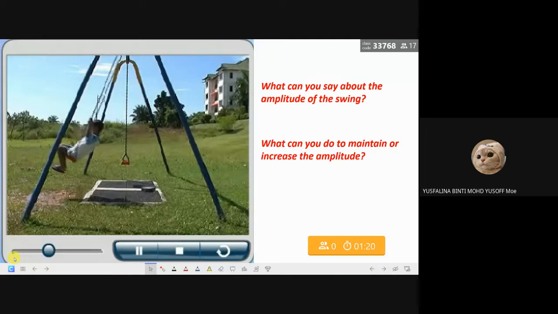Can you type the facts? Okay, I see already one of you submitted the answer.